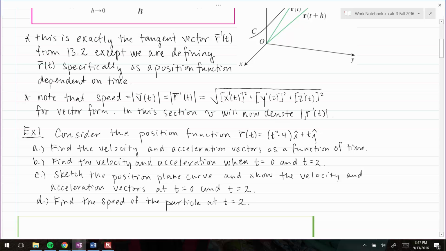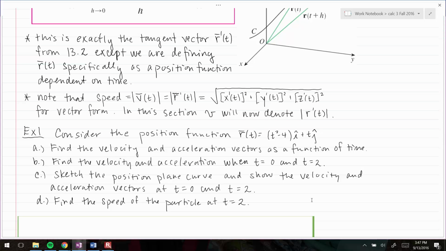In other words, it's the magnitude of r prime of t. I missed my bar here, but I'm going to not put it on there because it makes all my little white boxes for the rest of the document end up behind the text I'm trying to hide. So I'll just hold off on that.